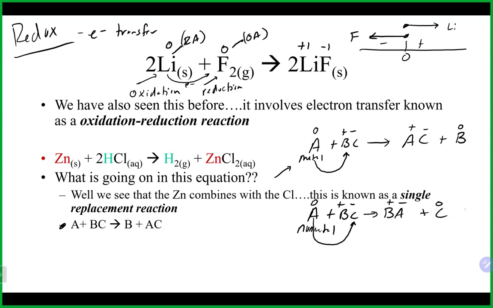And whatever it kicked out would come out by itself. In order for this reaction to take place, whatever is coming in needs to be more reactive than what it is replacing.